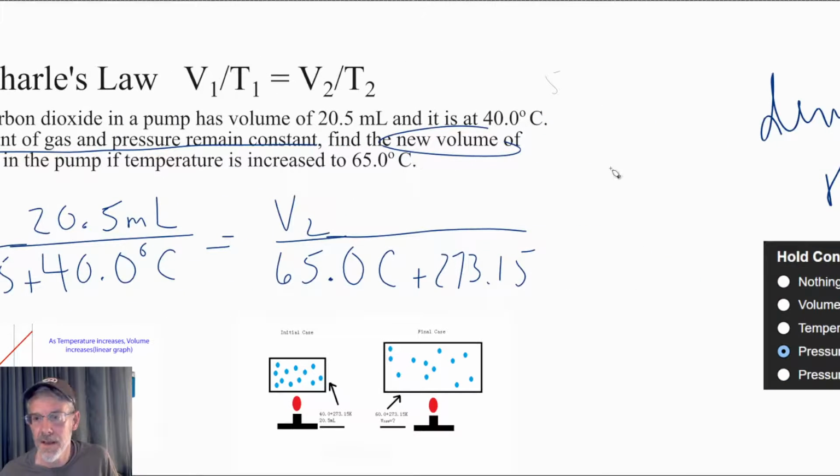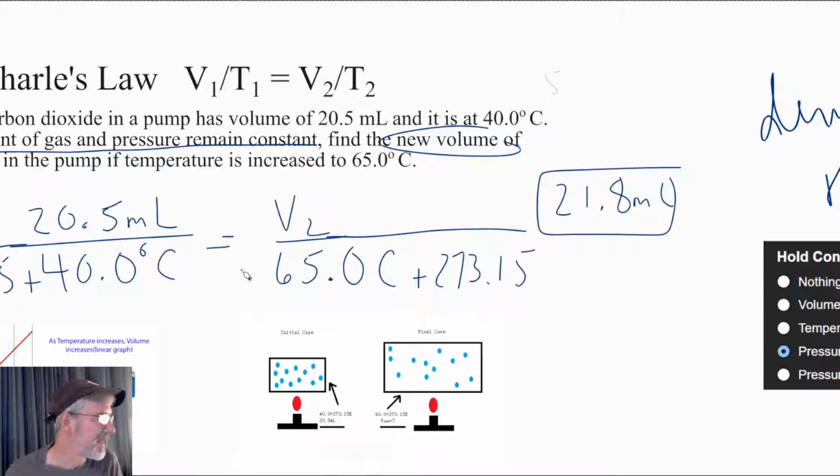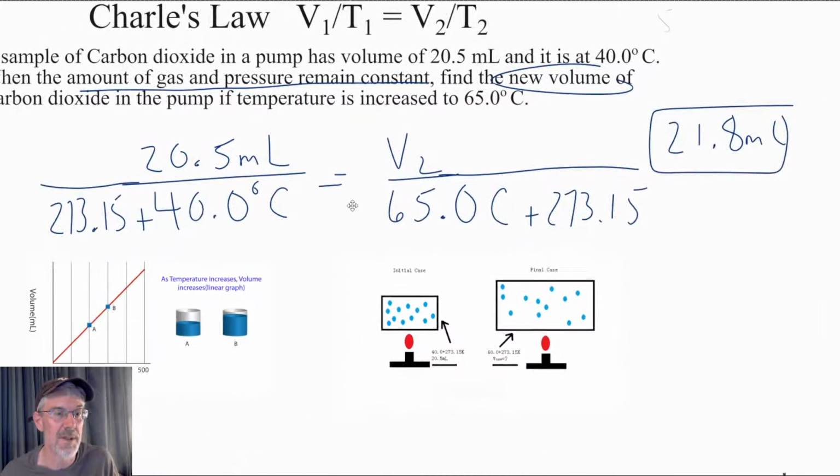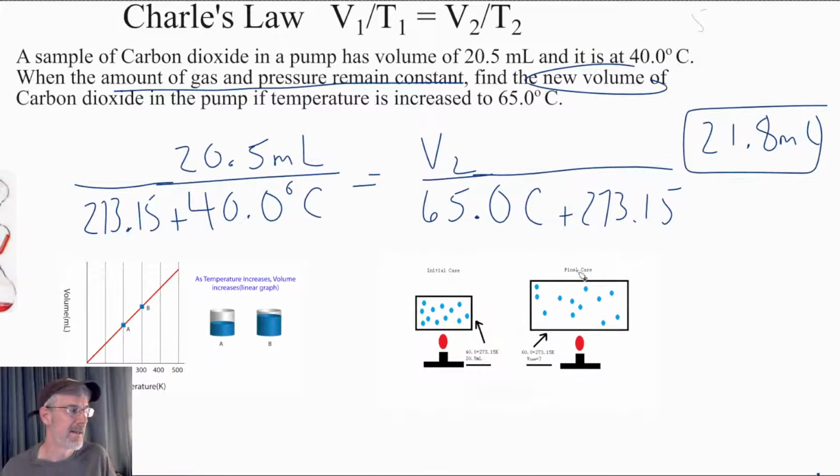I ended up with 21.8 milliliters. So if someone wants to try to do that in Kelvin and see if you get the same answer, that would be interesting. That's the answer I got in milliliters here, and that's because we started in milliliters, and the units should work out there for you.